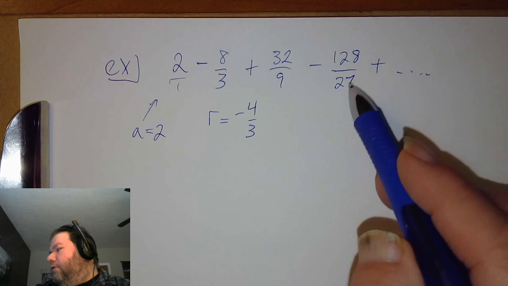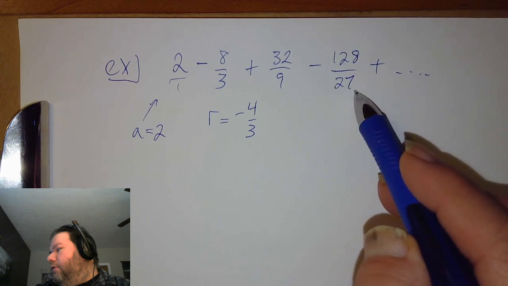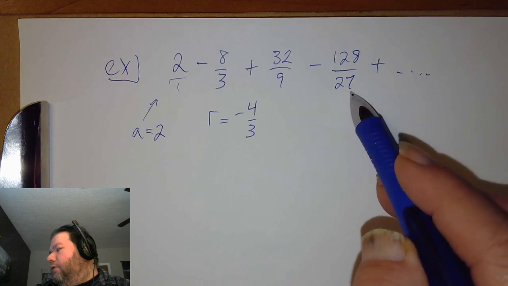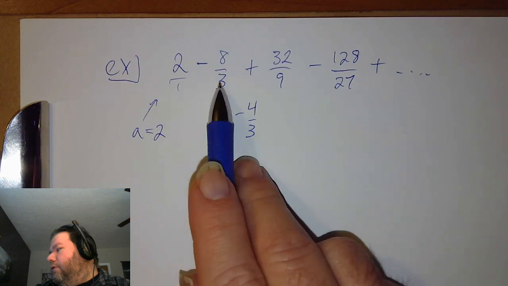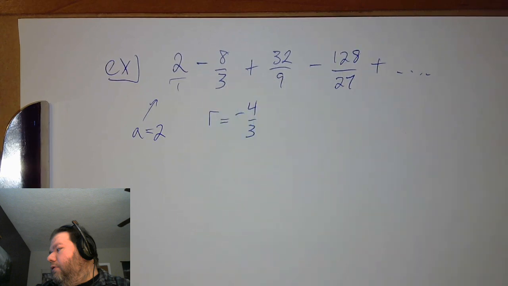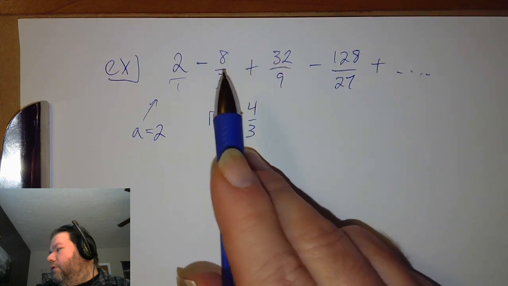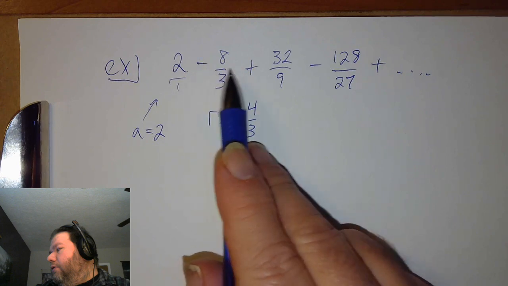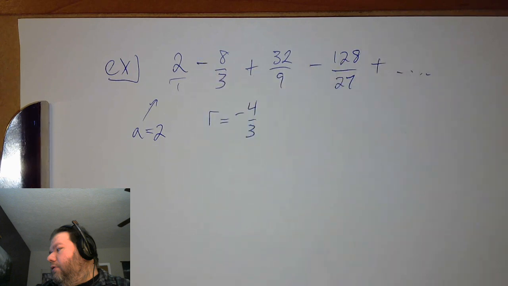And 128 over 27 would be 4 20 over 27. So these numbers are getting larger even though they're changing signs, plus minus plus minus. This is what we call an alternating series because the signs alternate from positive to negative to positive to negative. So it's a geometric series, but it's also an alternating geometric series.